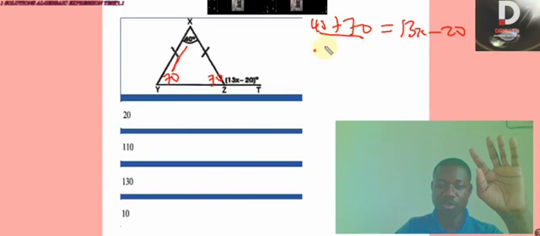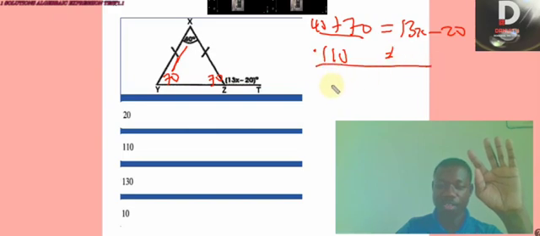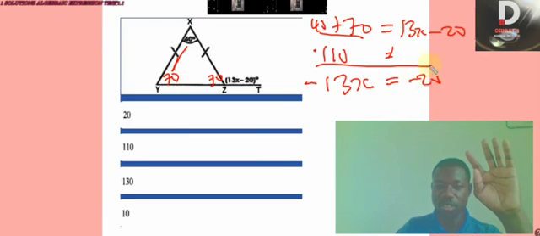This plus this will give us what? 110, right? Equal to 13x minus. So if I have to go further, I'll get what? 13x, that's negative. If I'm bringing it to this side, negative 13x equal to minus 20 minus 110 degrees, right? Good, minus 110 degrees.